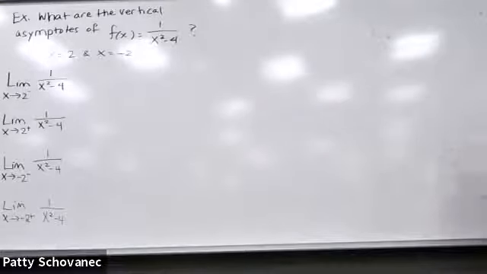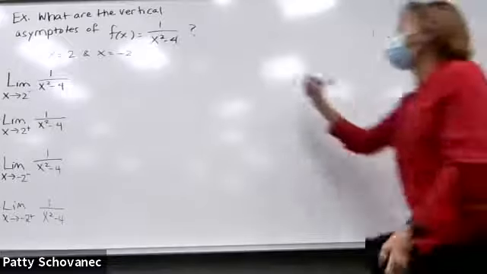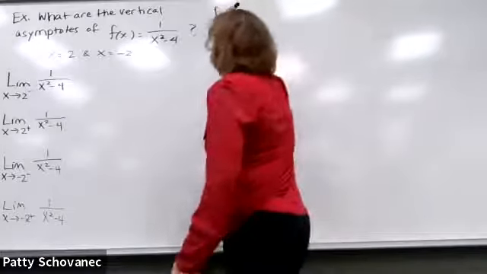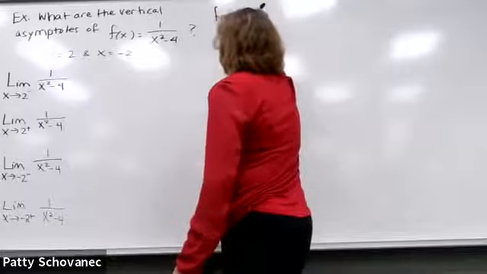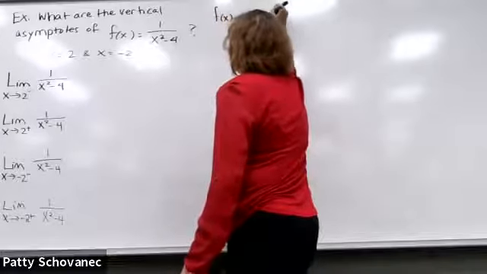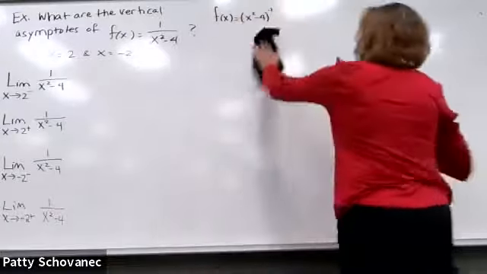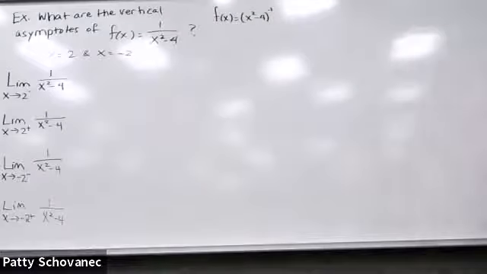So take the derivative, maybe write it as x squared minus 4 to the negative 1. Take the derivative, and let's analyze the sign of the derivative.